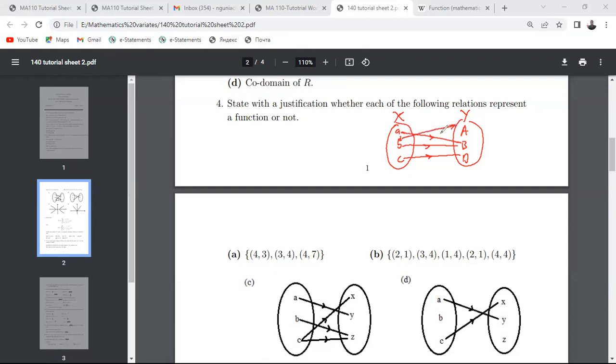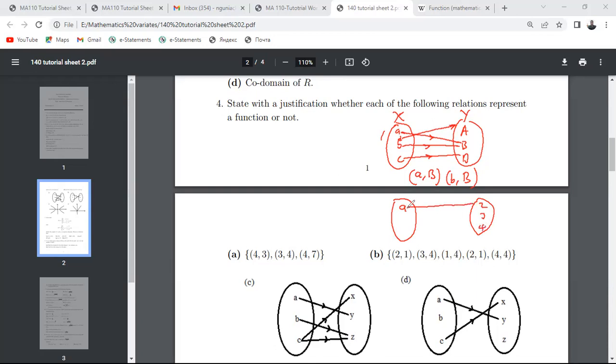So only one arrow should come from one element in the domain. But in the range, it doesn't matter how many from the domain go to the same element. So you can have A, comma, B like that. And we can also have B, comma, B. But what we should not have is this: A, then we have elements here, let's say 2, 3, 4.